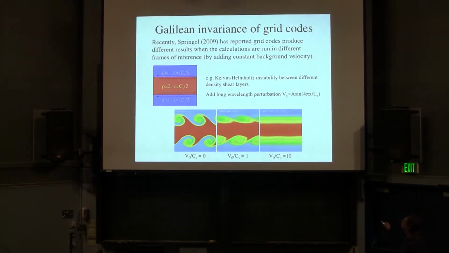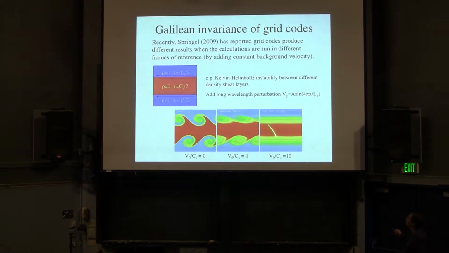That is to say, the results look different when you run them in different frames of reference, by adding a background constant velocity. This, of course, violates Galilean invariance. If you add a constant velocity to the equations of motion, the solution should not change. The laws of physics are the same in any uniformly moving frame of reference. So this sounds like a big problem, and violating Galilean invariance would be a very, very big problem.